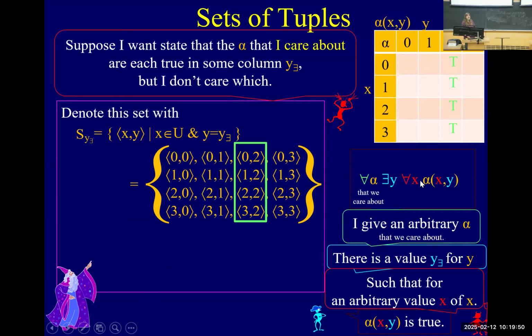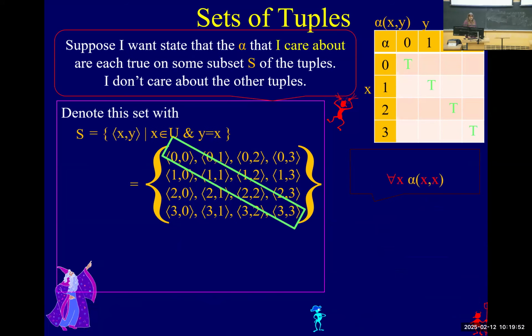Everybody see it saying that? What happens if I want to say the diagonal is true? Then I say for every x, alpha of x, x is true. I'm telling you something about my alpha: that the diagonal is true.